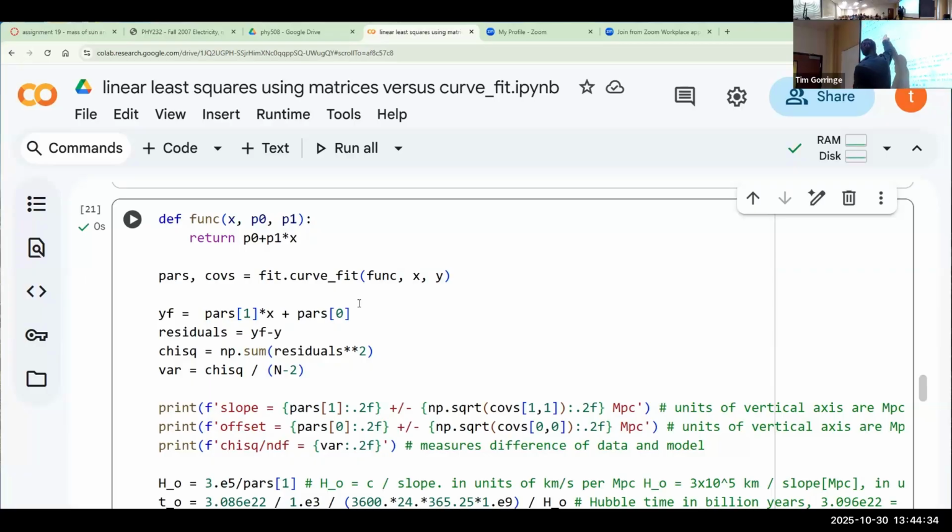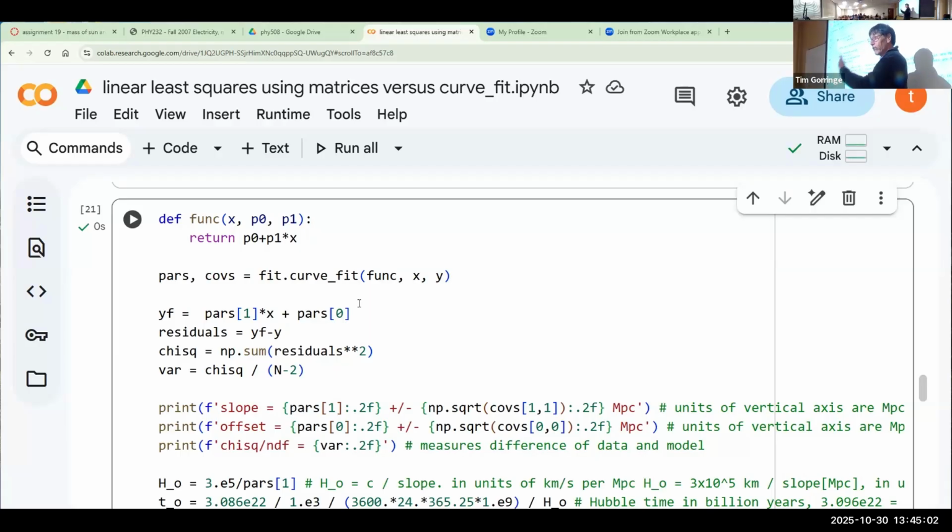My user function has arguments for the independent variable and the parameters of the function, that's P0 and P1, and it defines a straight line, which is a linear fit. So when I'm calling curve fit here, I'm calling it not only with the data, but it's also obvious you've got to tell it what the function is.